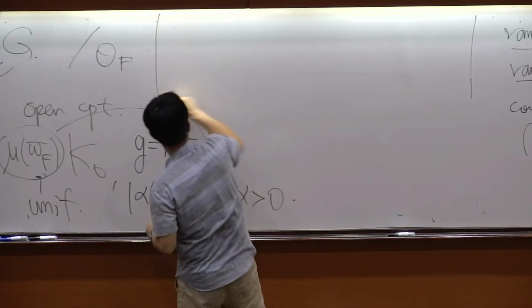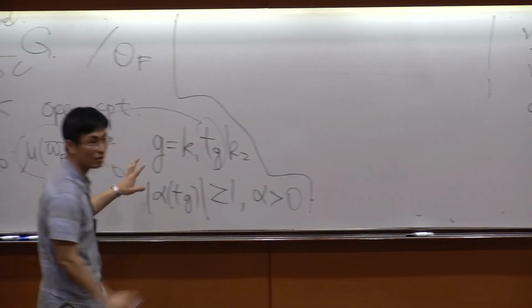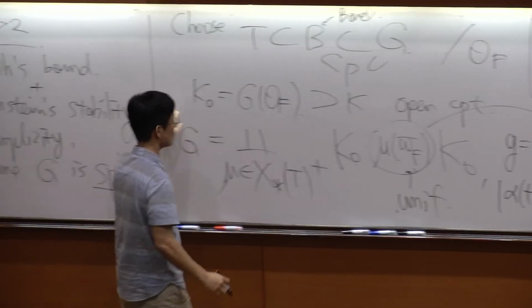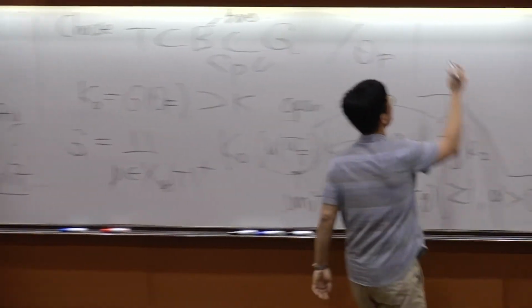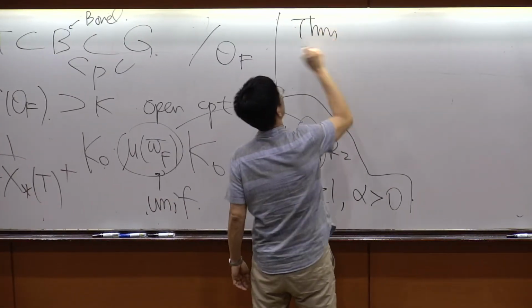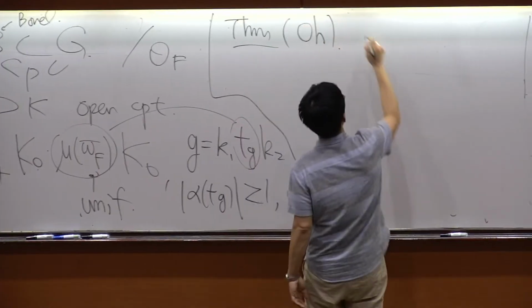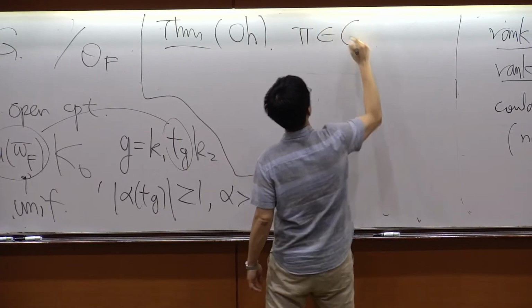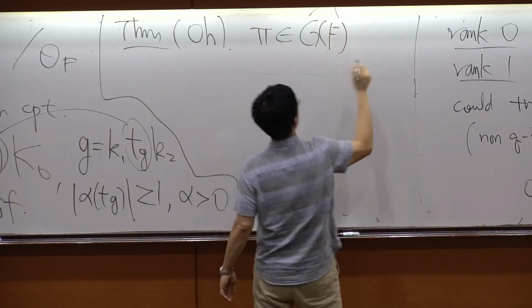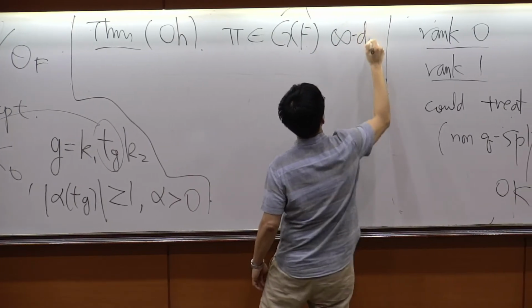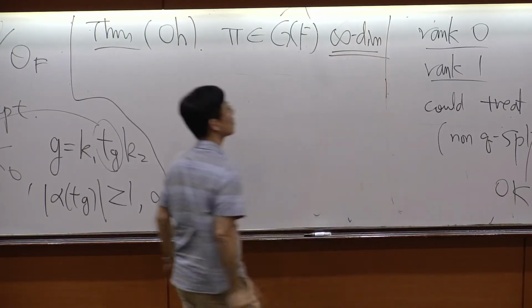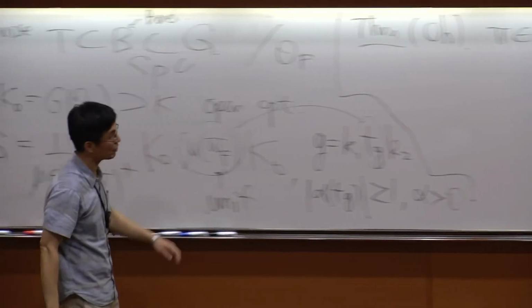Okay. So let me recall what Heo's bound tells you. So let's say pi is unitary, but the crucial assumption is it's infinite dimensional.